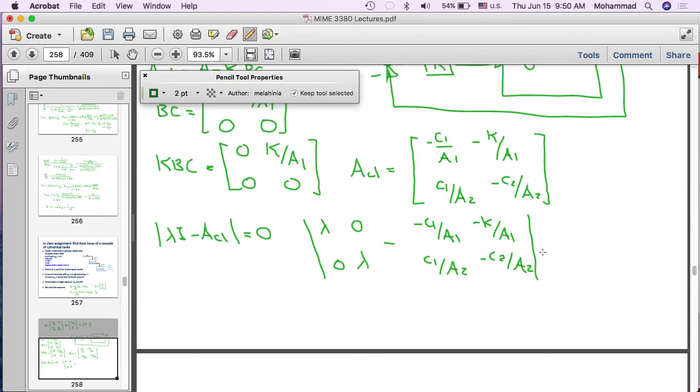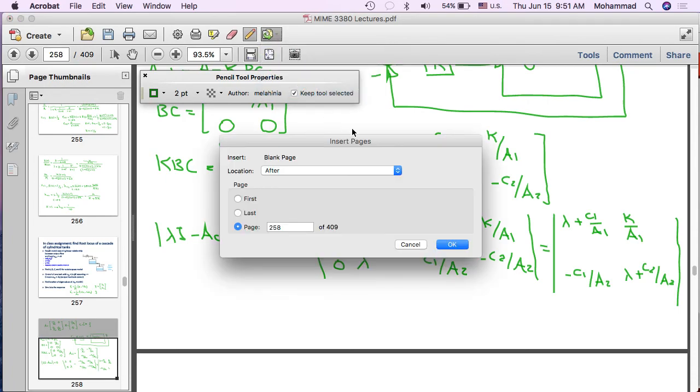So lambda gets subtracted by minus C1 over A1, so it becomes lambda plus C1 over A1. 0 minus minus becomes K over A1 with positive. 0 minus gives minus C1 over A2. And lambda minus minus becomes lambda plus C2 over A2. This is the determinant.